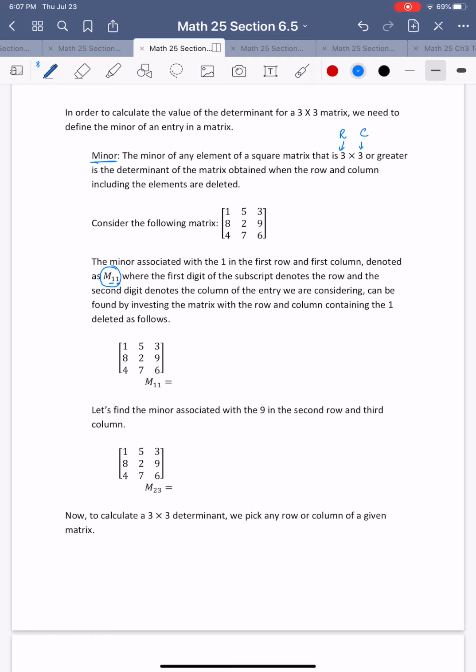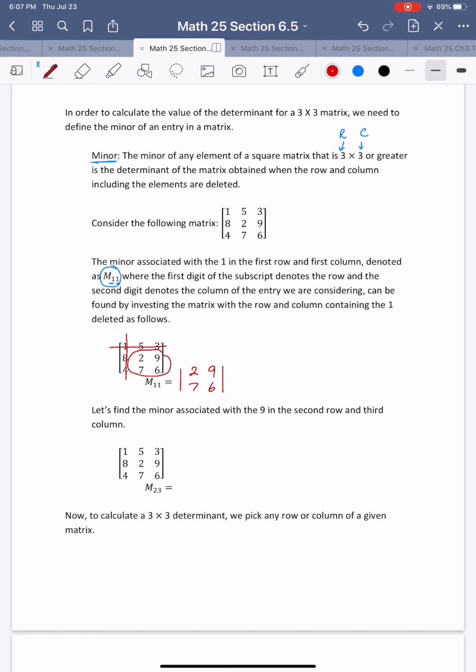The entry we are considering can be found by inspecting the matrix with its row and column deleted. So the minor for the first row and first column means you don't use those entries, only the numbers not in the first row and first column, which you can write as 2, 9, 7, 6. Those are the minor.